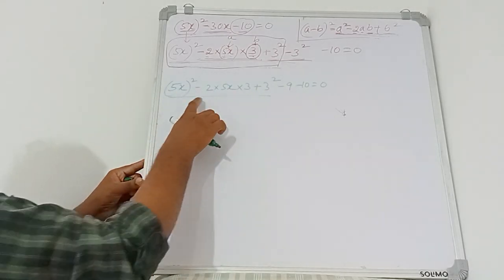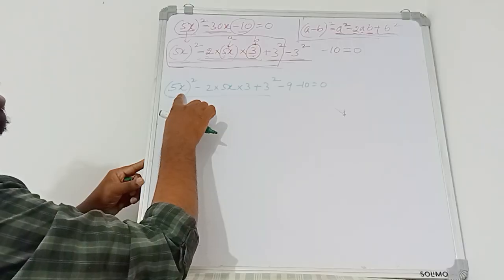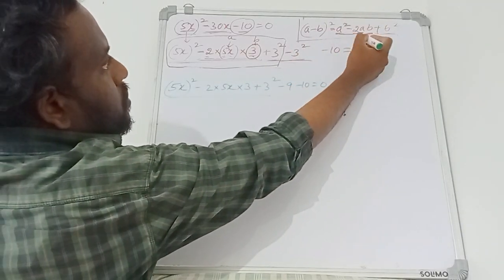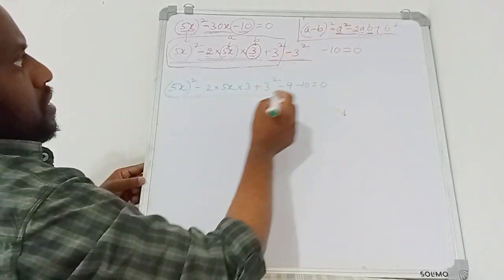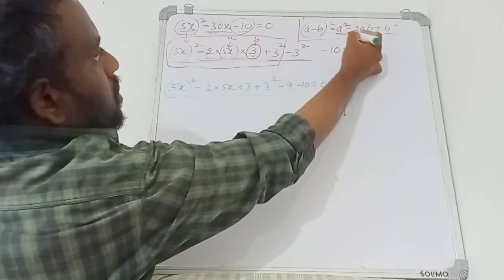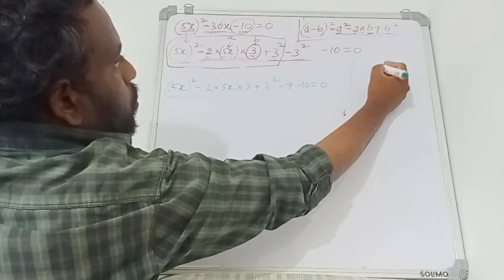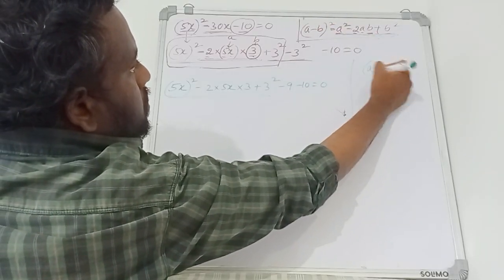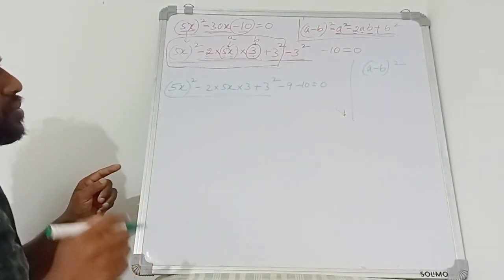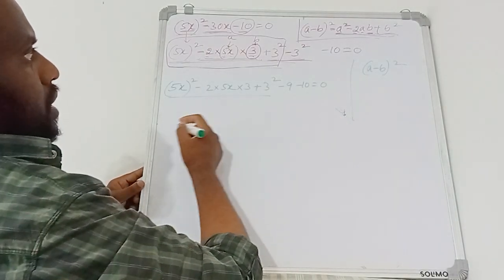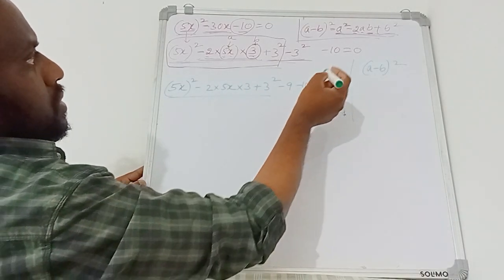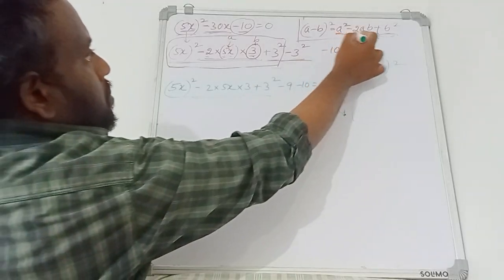See, this is in the form of what? Here a² minus 2ab plus b². So I have written this entire thing is equal to (a - b)². Okay, now this is in the form of this.